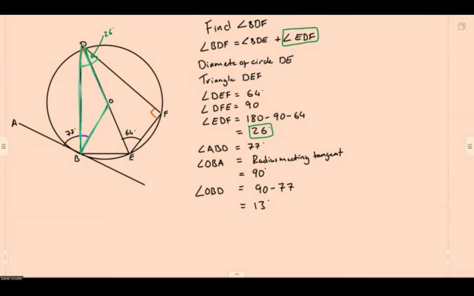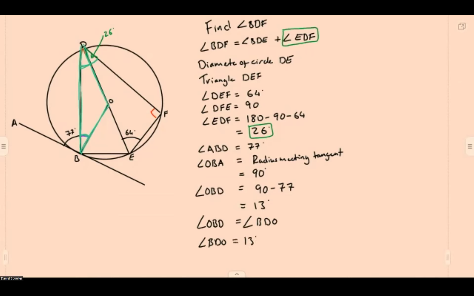If I've got a chord and two radiuses touching where the chord touches the edge of the circle, the angle at one side is going to equal the angle at the other. So OBD is going to equal BDO. Therefore, angle BDO is equal to 13 degrees.